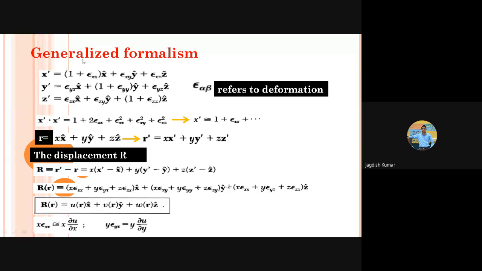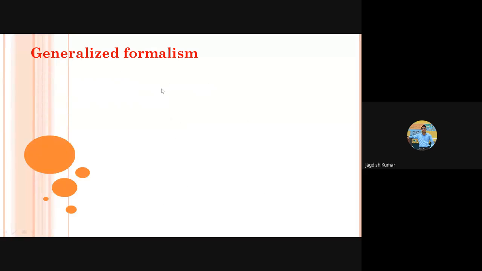If you take the dot product of x dash with y dash, what you will find is this will give you eyx plus exx into eyx, right? And then exy into eyy plus exy plus exz into eyz, okay?